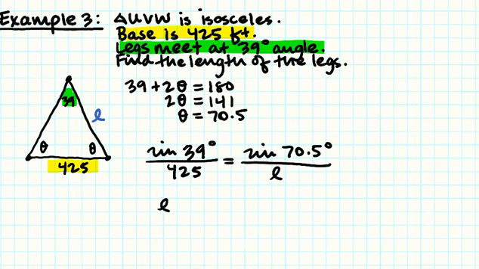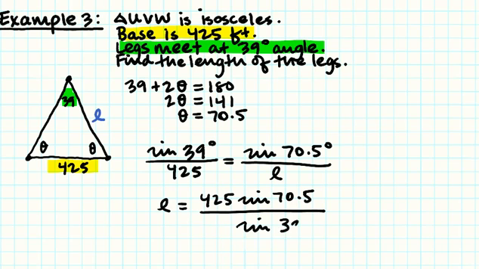L is going to equal 425 times the sine of 70.5 divided by sine of 39. And that's the type of thing that you can solve using the calculator, and I trust that you would be able to get back to.